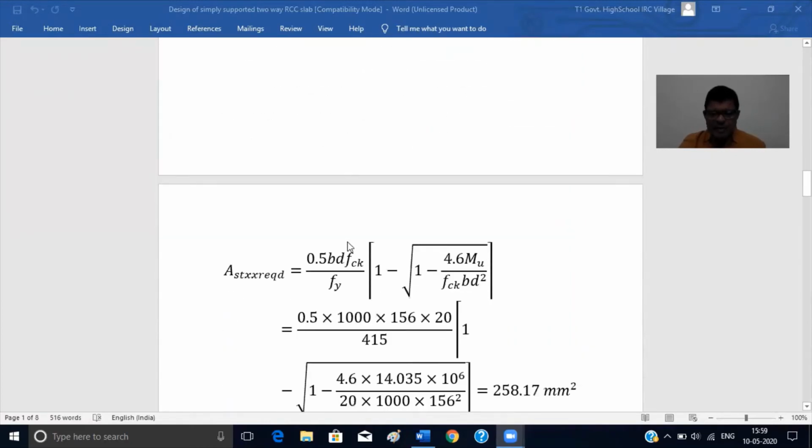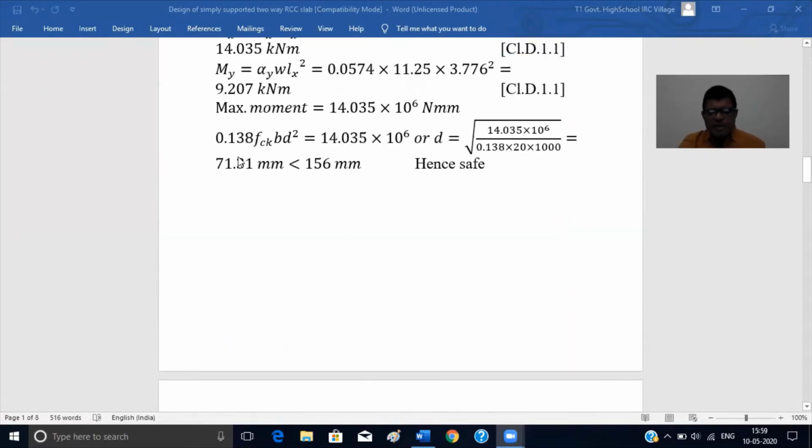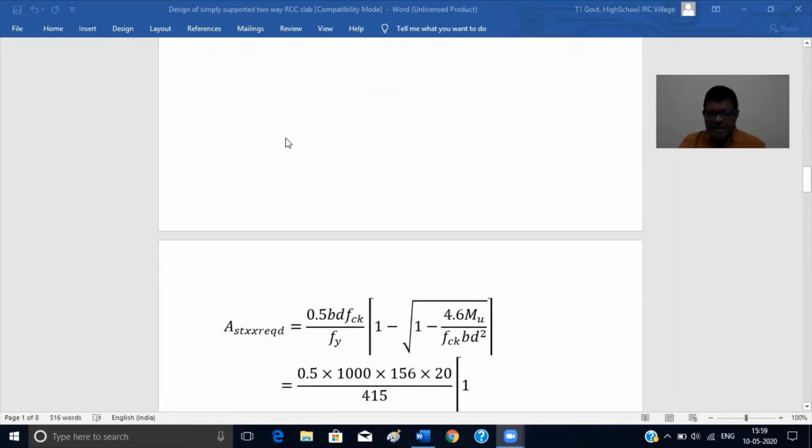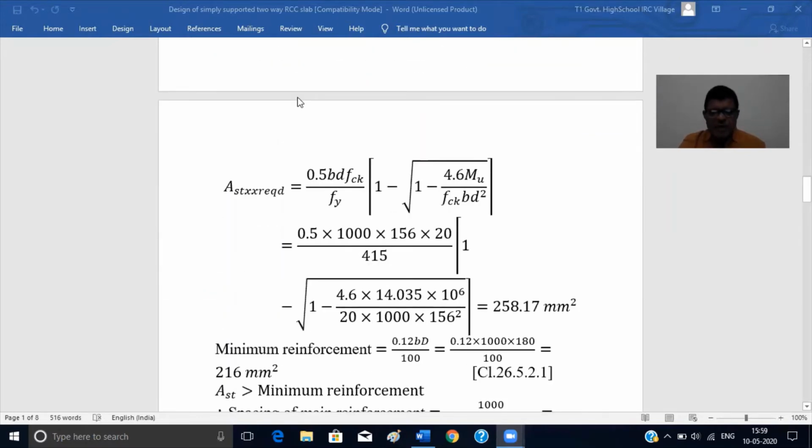Take it as a practice problem. Once you find that this effective depth is safe, we have already found the moment in x and y direction. Then we provide the area of steel in x direction. The same formula we have used earlier. Put the formula and put the values, and b again will be 1000.